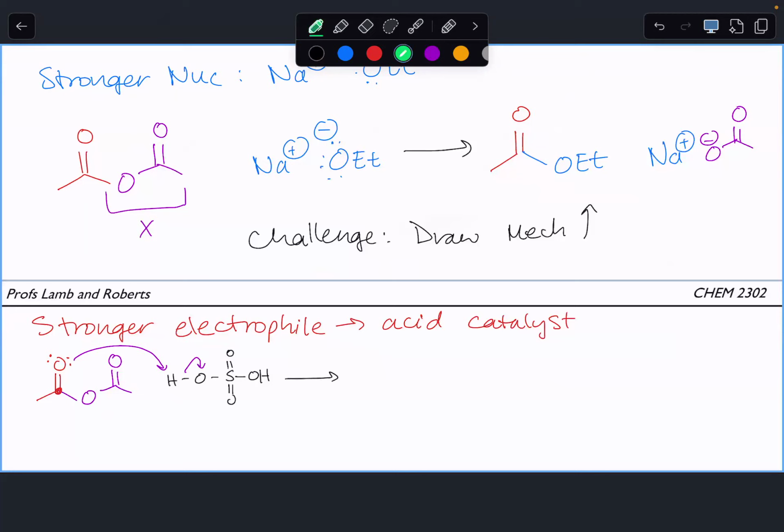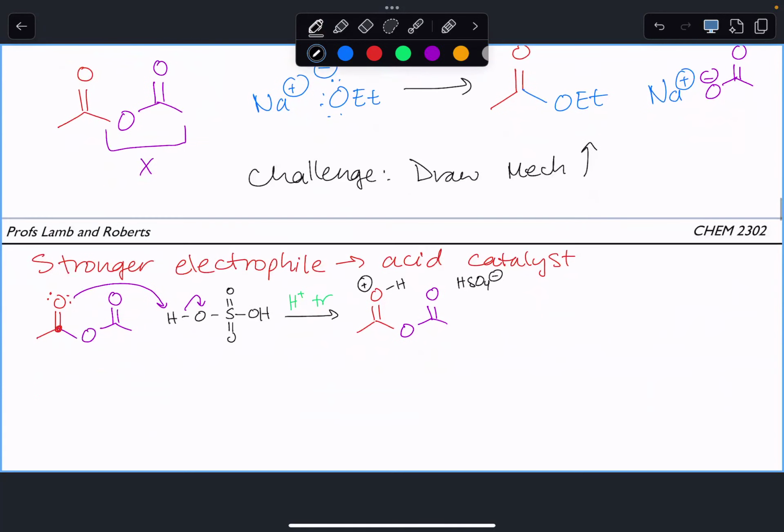Okay, so this is a proton transfer to make a strong electrophile. HSO4 minus is our counter ion. Okay, so all we did there was protonate to make a stronger electrophile.